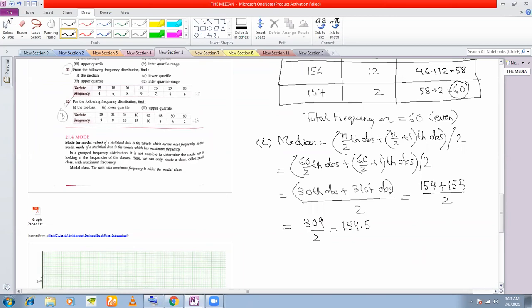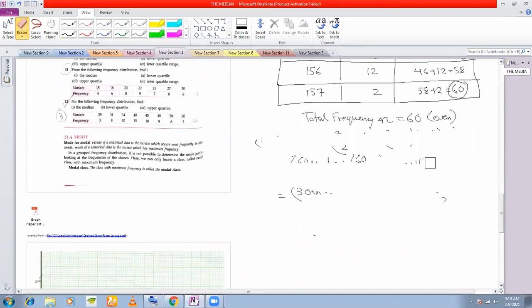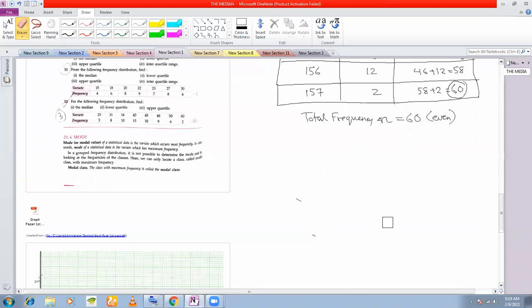Okay. Now we locate the quartiles, the lower quartile and the upper quartile. First, the lower quartile, Q1, is the n by 4th observation.